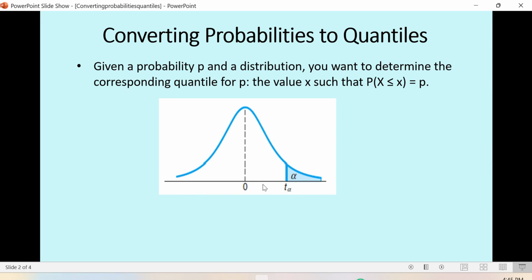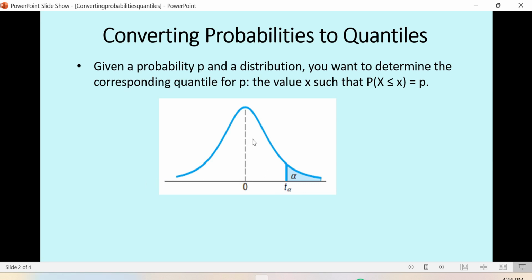For each such value along this random variable axis, there is a probability on the left side. For example, for the t alpha, on the left side of this quantile value, the cumulative probability is this white area, right?